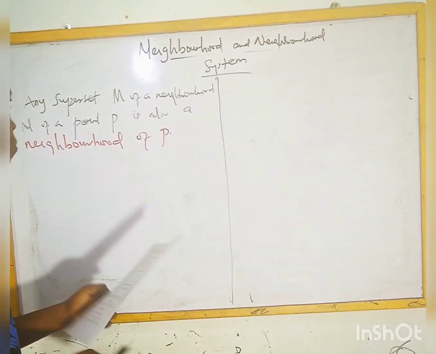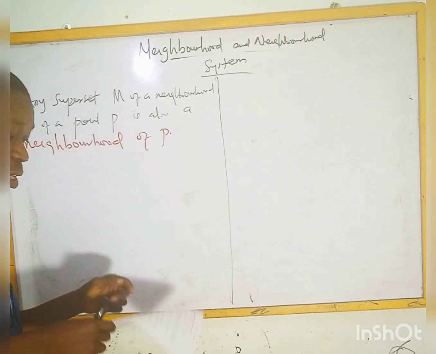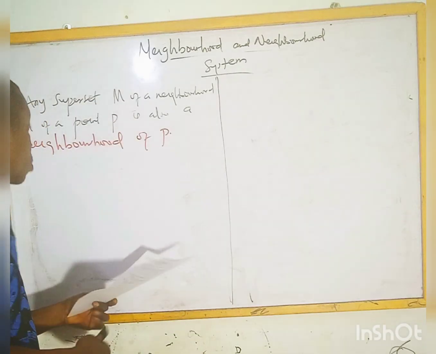So any superset M of a neighborhood N of a point P is also what? Is also a neighborhood. It's very easy to prove.